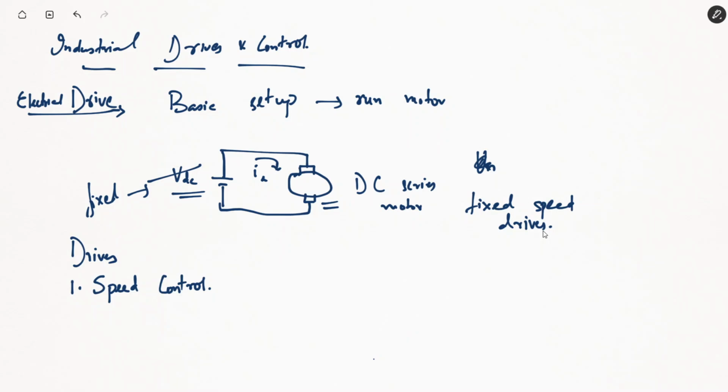All those variables of a motor cannot be controlled in such a basic setup where we have only the voltage source and the motor itself. अब ये voltage source DC हो या AC हो, आपका motor DC हो या AC हो, whatever it is, that setup will basically ensure that the motor is running, but it will not help us in controlling any parameter of this motor. So that's why it's known as a fixed speed drive. But what we'll be dealing with is what are known as variable speed drives.